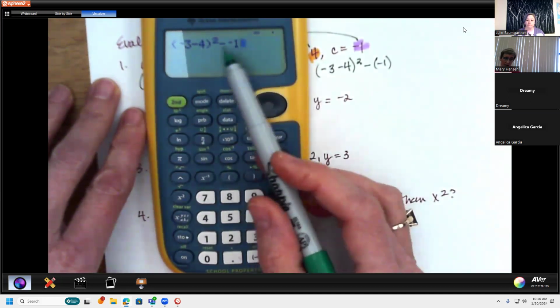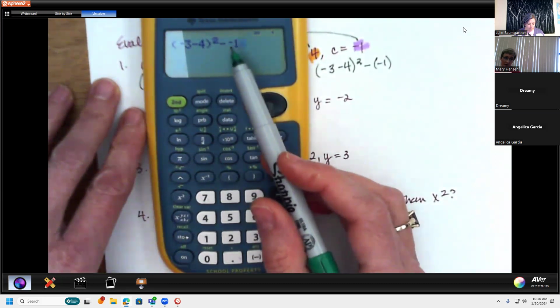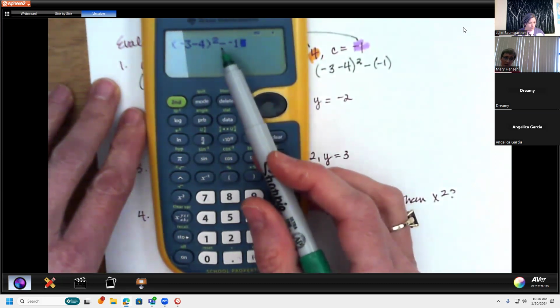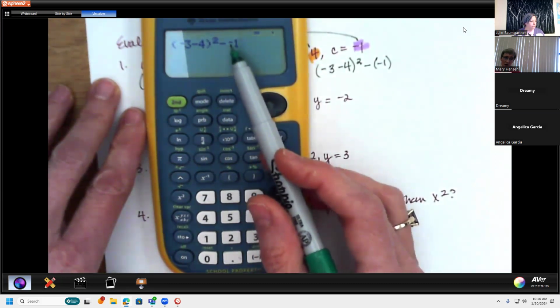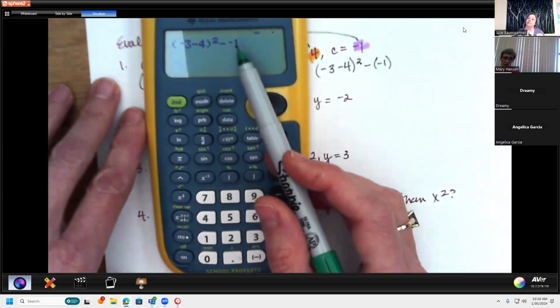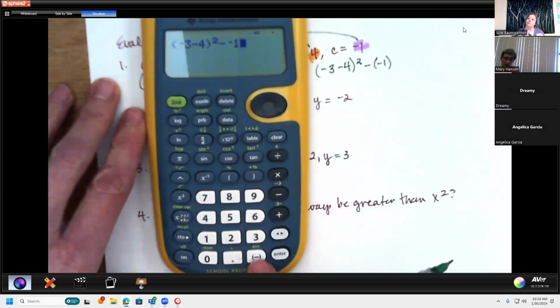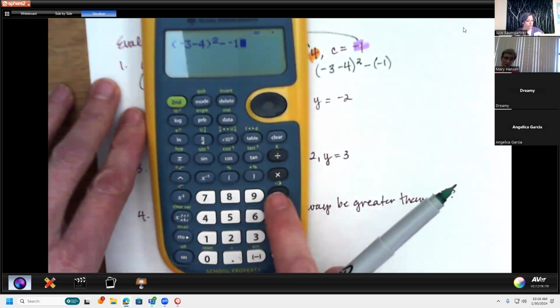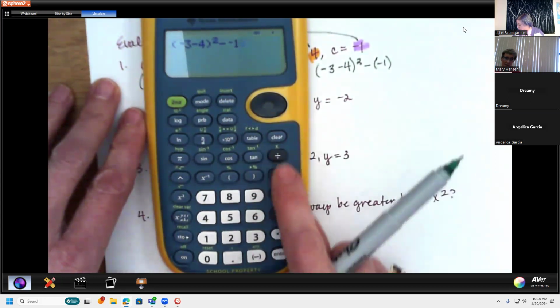Remember, the subtract and the negative symbols are different. You can see the subtract symbol is right in the middle. It's a little longer. The negative symbol is a little elevated and it's shorter. So you have to use a negative right down here on the bottom for a negative number, and a subtract is here with the other operations.